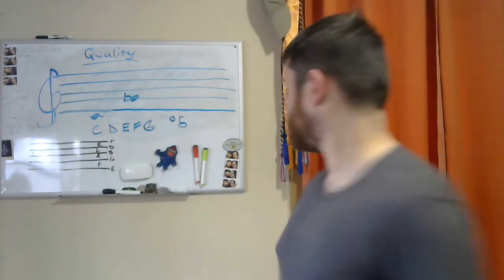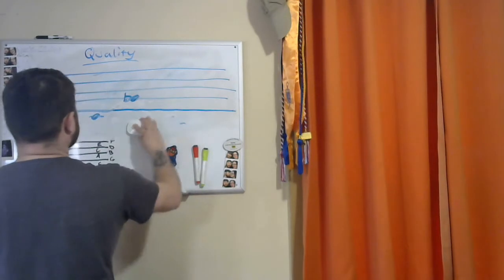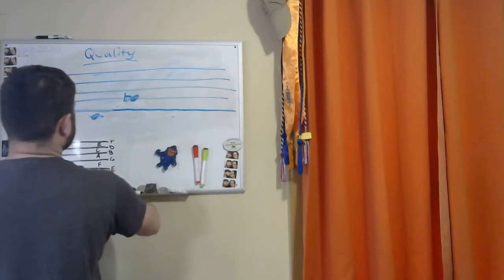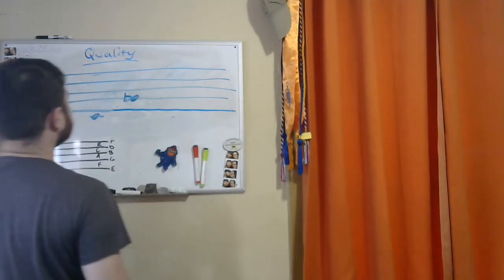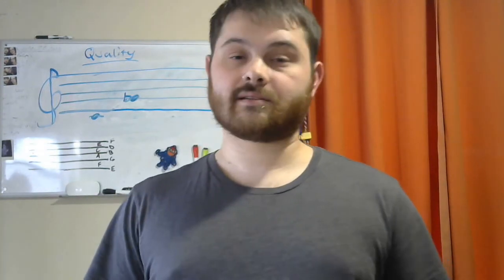Alright, so what you really need to take away from this is what things sound like. You can practice that using your ear training exercises at musictheory.net, and what some things are sometimes written as.